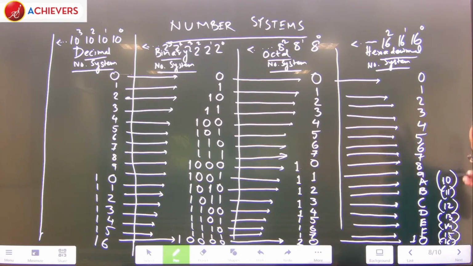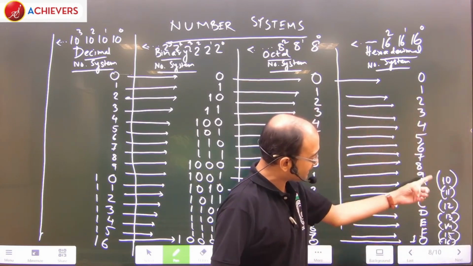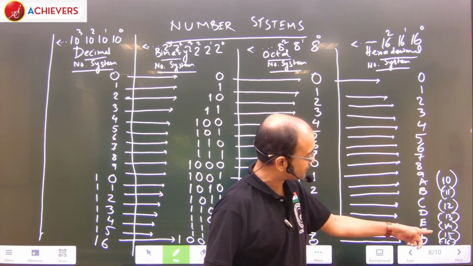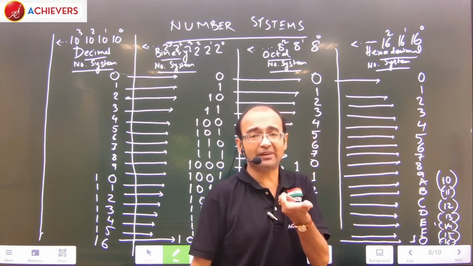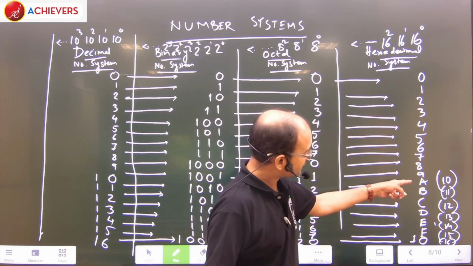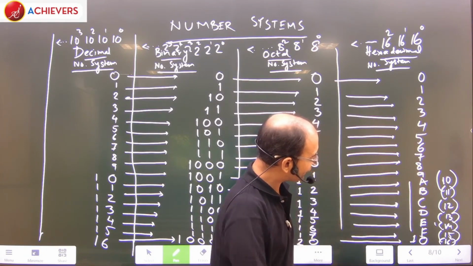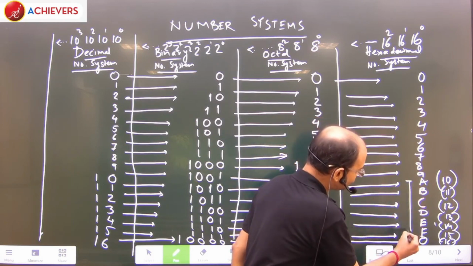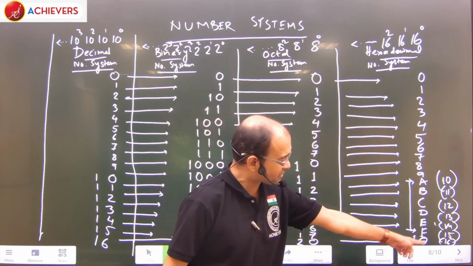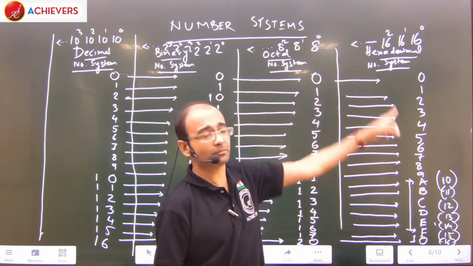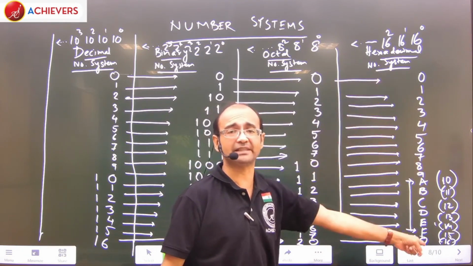In this particular case, 10 to 15, since they are 10, 11, 12, 13, 14, 15. These 6 digits are not single-digit values, so we represented the 10 to 15 values as A to F. And 10 is represented as 16 because 1 into 16 to the power 1 is 16, and 0 into 16 to the power 0 is 0.